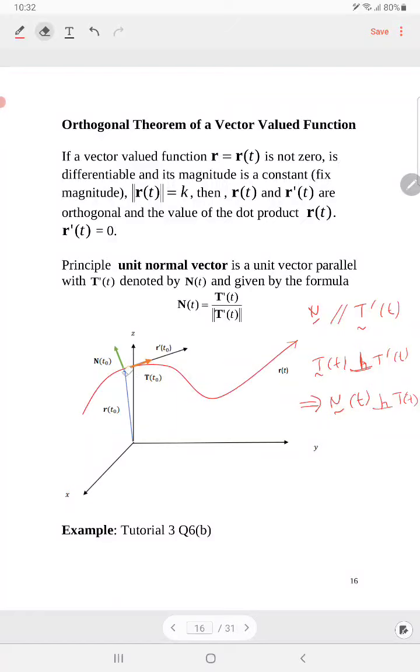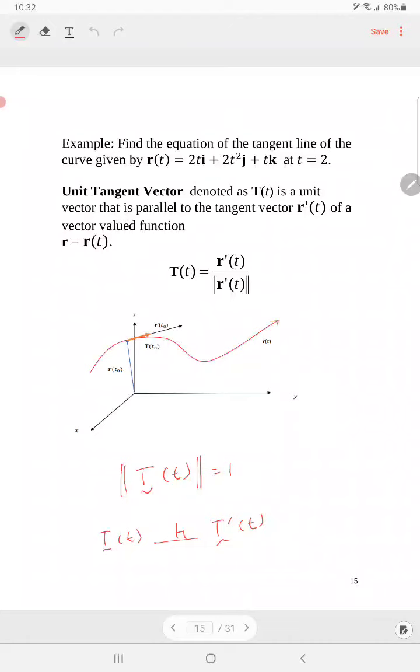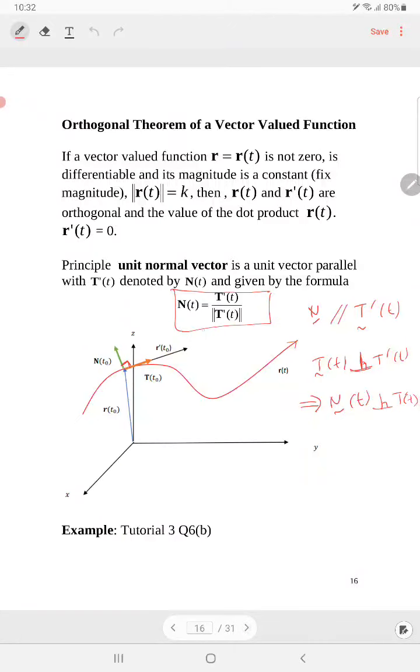The unit tangent vector and the unit normal vector are perpendicular to each other, and the formula is this. The unit tangent vector is R prime divided by the magnitude of R prime, and the unit normal vector is T prime divided by the magnitude of T prime. Both of them start on the curve of the vector valued function R.